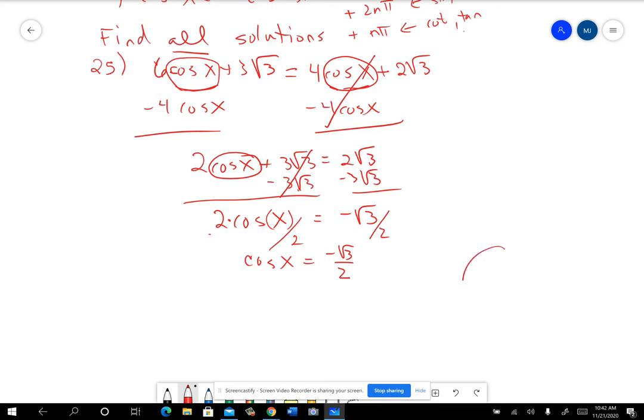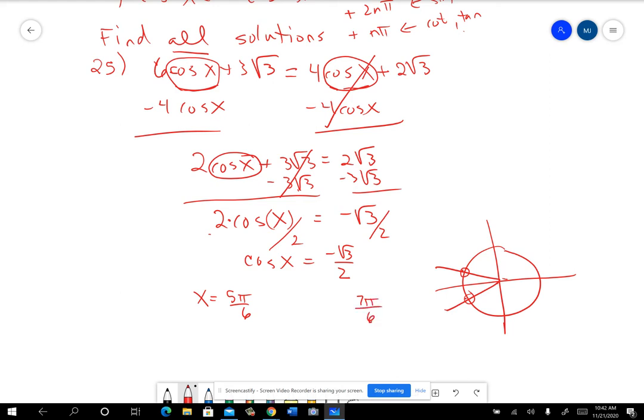Now's where you go to your unit circle and you look for where you saw the cosine being negative square root of 3 over 2, and it should have been right here and right here. Okay, so this angle is going to be your 5 pi over 6. And this angle is going to be your 7 pi over 6.